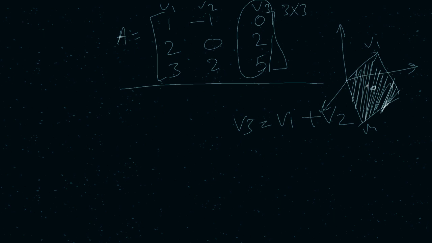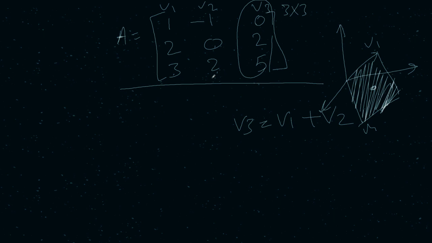So v3 is not independent of v1 and v2. v3 does not add any new information for these coordinates. It is just a linear combination of v1 and v2.